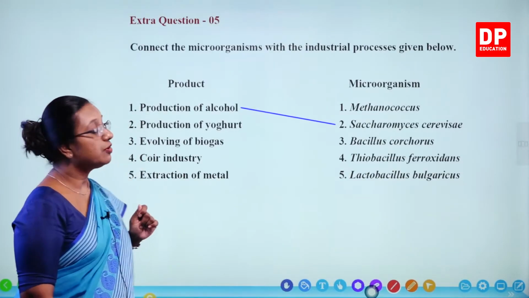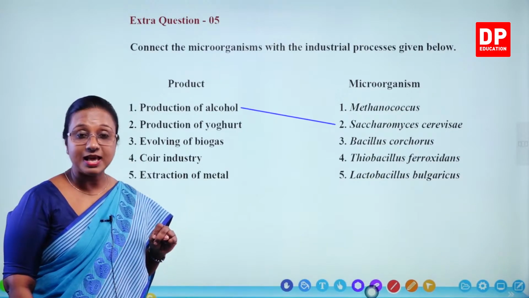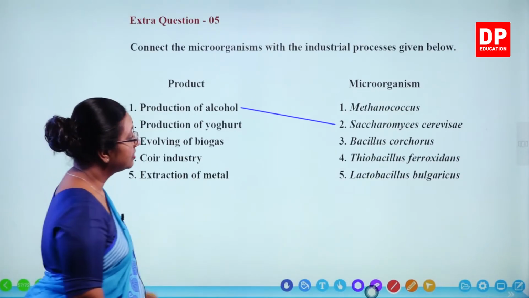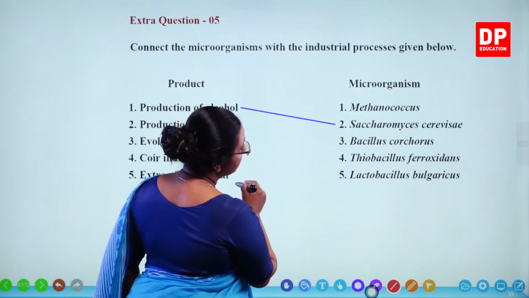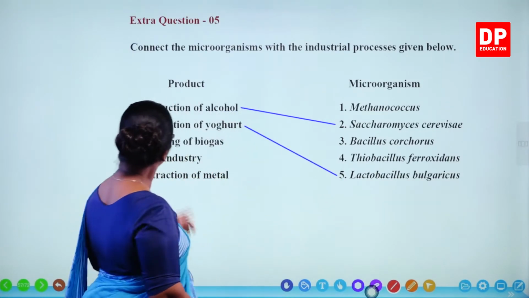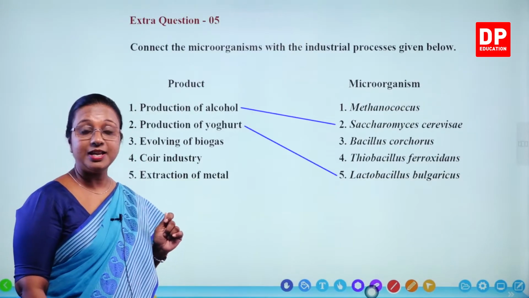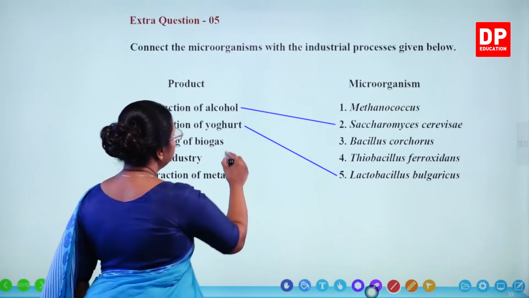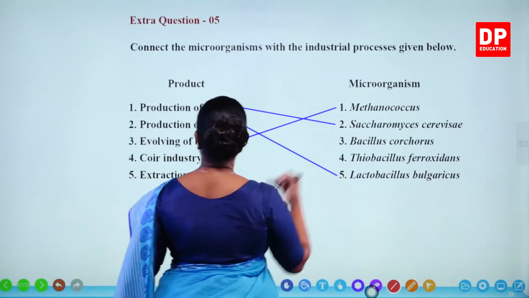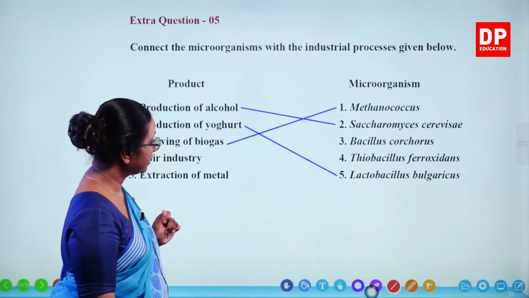Then production of yogurt. That uses two microorganisms. One is Lactobacillus, the other one is Streptococcus. So here they have given Lactobacillus bulgaricus. Evolving of biogas. Biogas is methane, so you can remember it is Methanococcus. And the coir industry. What is the microorganism?